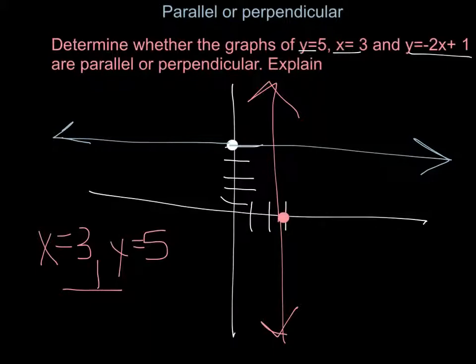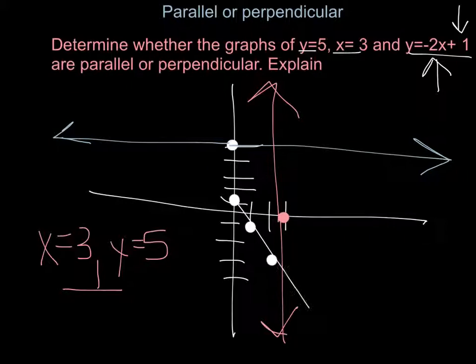And then you could graph the next one, and you can look at your y-intercept, which is 1. And then from there you use your slope, which is -2. So you travel down 2 and over 1, then down 2 again and over 1, and you would be able to create your next line, which would look something like this.